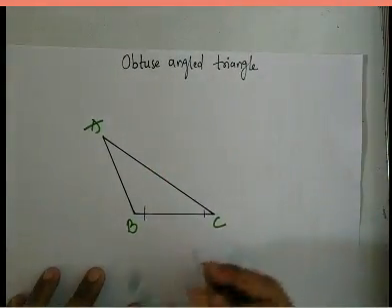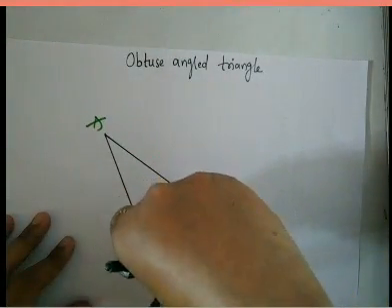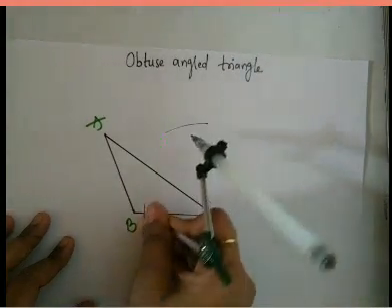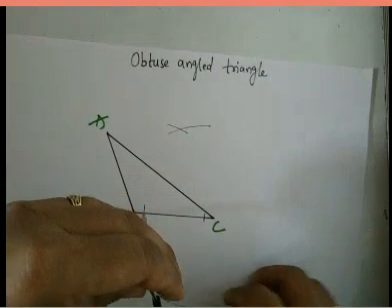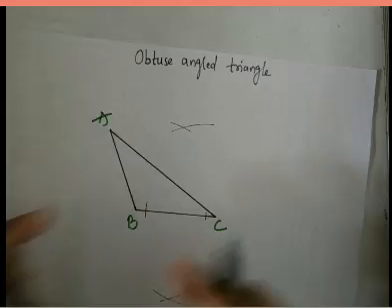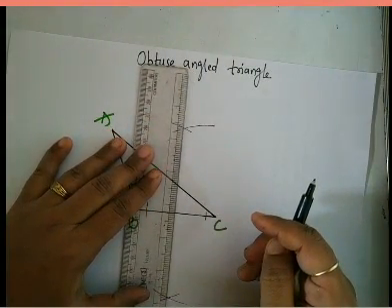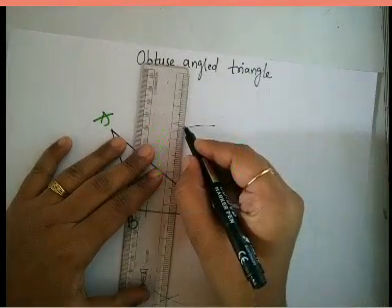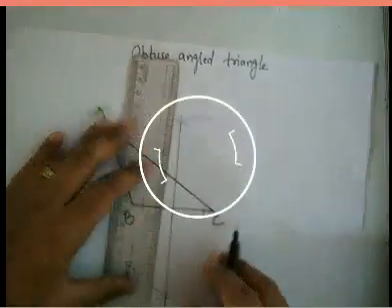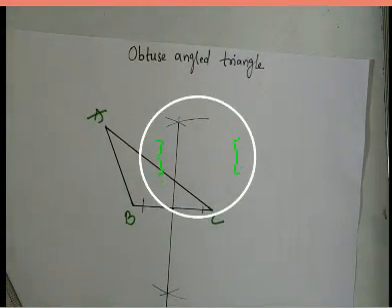Now keep the pointer here, draw an arc down and up, keep the pointer here, draw an arc up and down, and then I'll join them. So this point which is passing through segment BC is the midpoint.